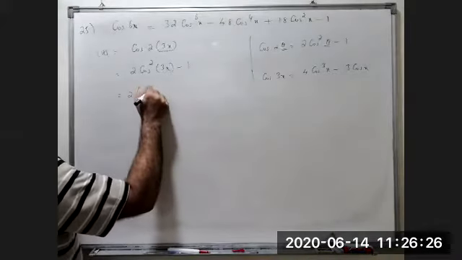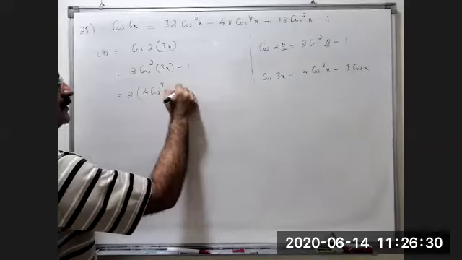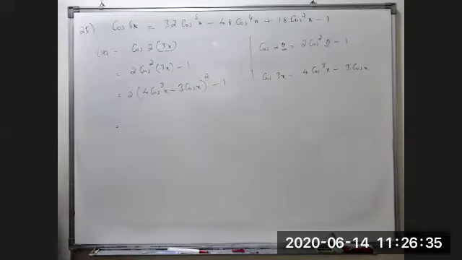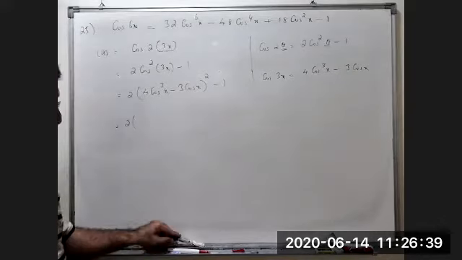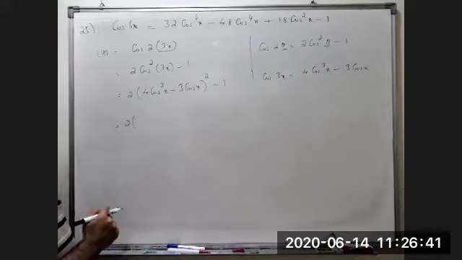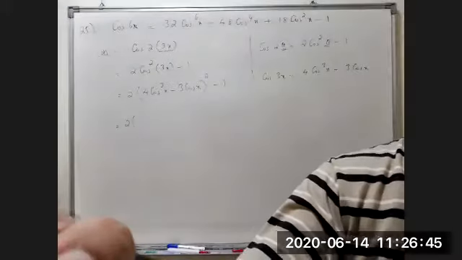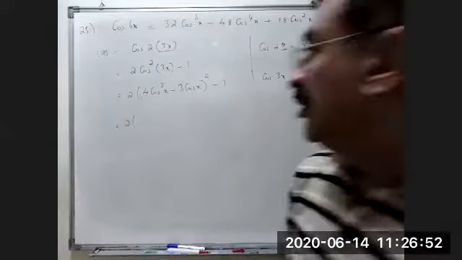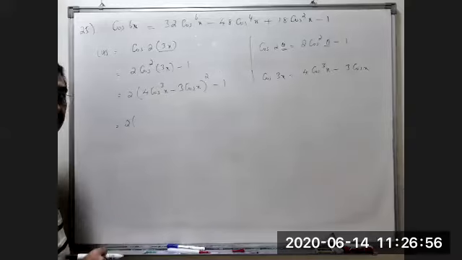That is 2 into (4 cos cube x minus 3 cos x) the whole square, minus 1. A minus b the whole square is a square minus 2ab plus b square. So a square means the square of 4 cos cube x.